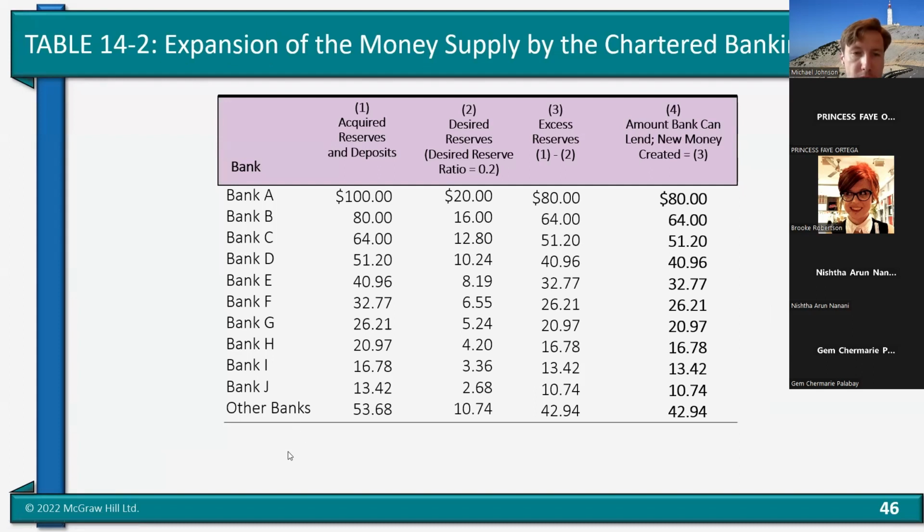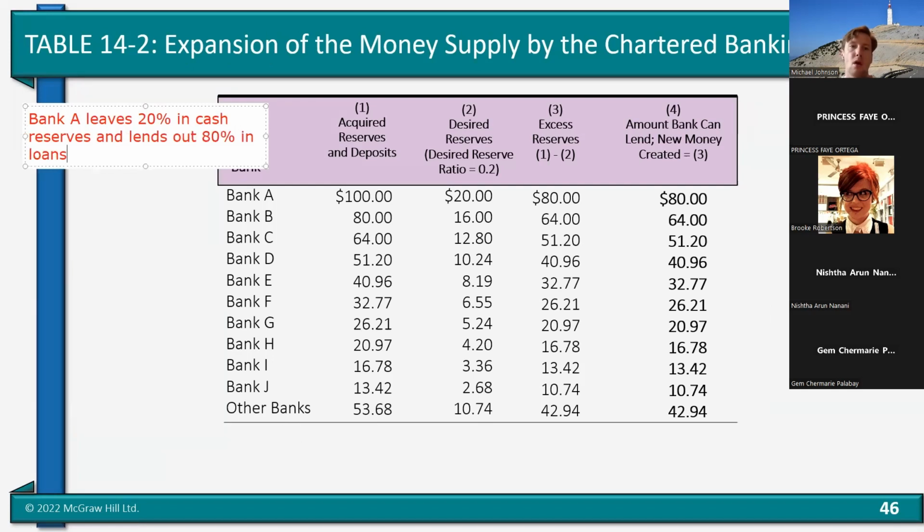So basically what happens here is bank A leaves 20% in cash reserves and then lends out 80% in loans.